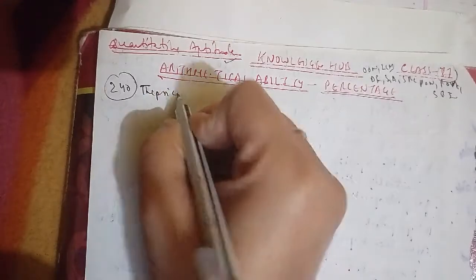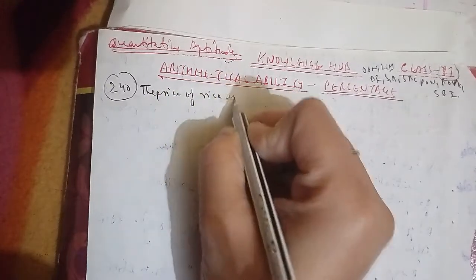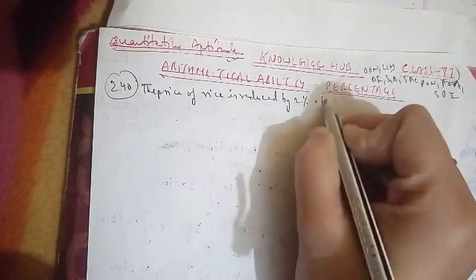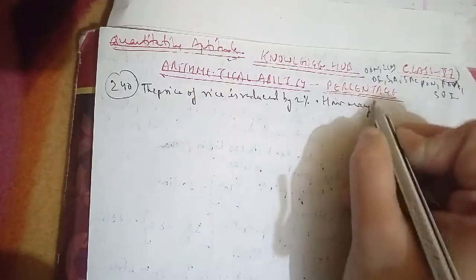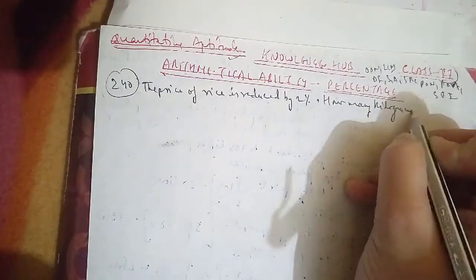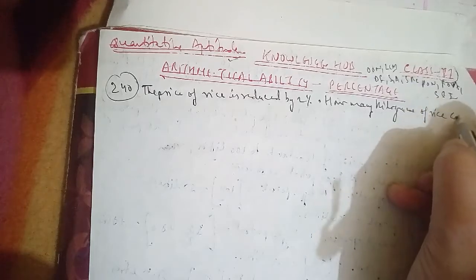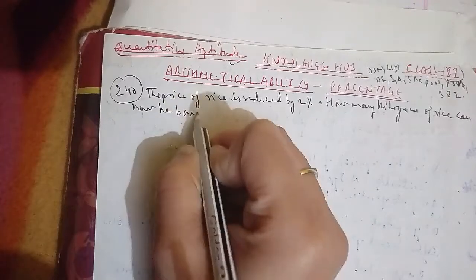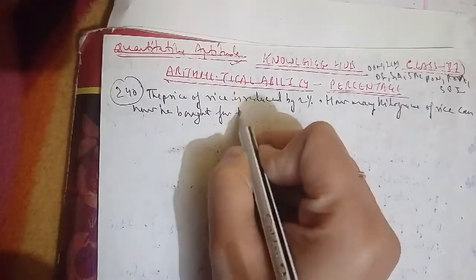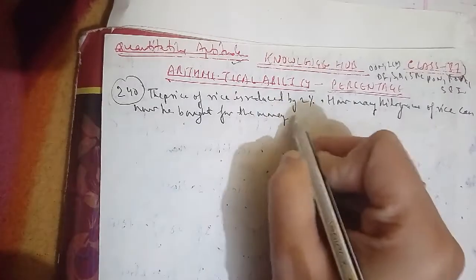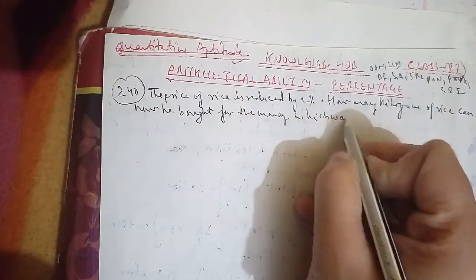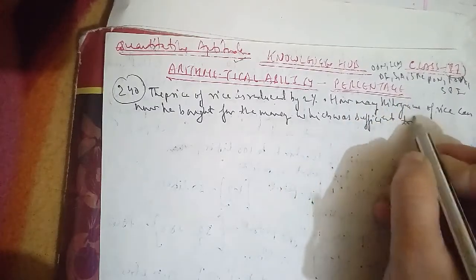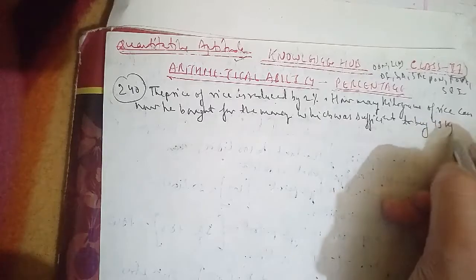The price of rice is reduced by 2%. How many kilograms of rice can now be bought for the money which was sufficient to buy 49 kg of rice earlier?